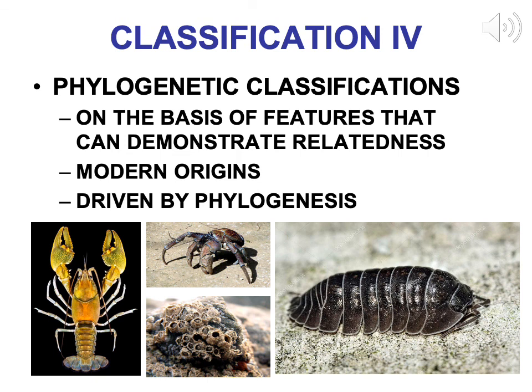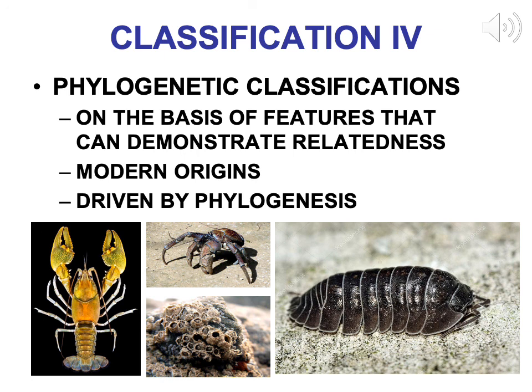So when we get to our third type of classification, called phylogenetic classifications, we're looking at a classification that intentionally works to demonstrate relatedness. It's a classification that has a modern origin, dates its way back to Darwin, no earlier, and is driven by phylogenesis, that is the drive to create these groups of related organisms.